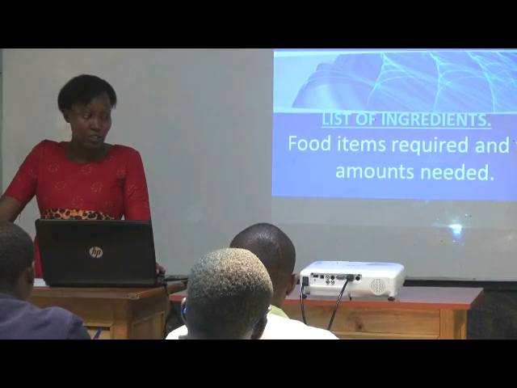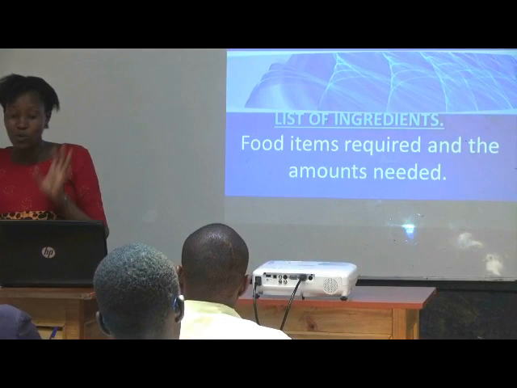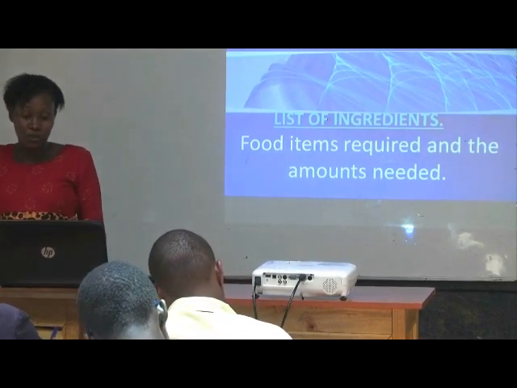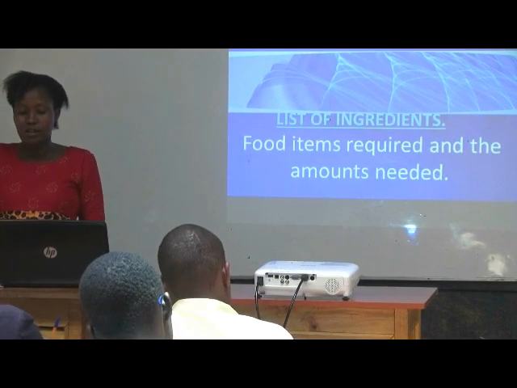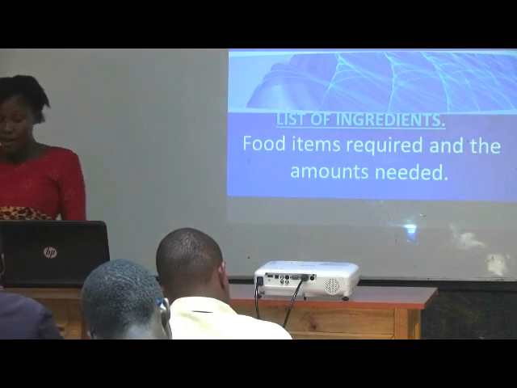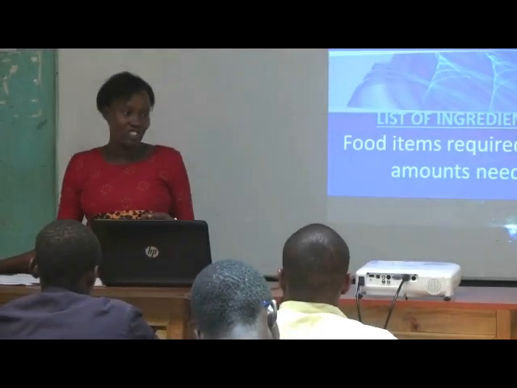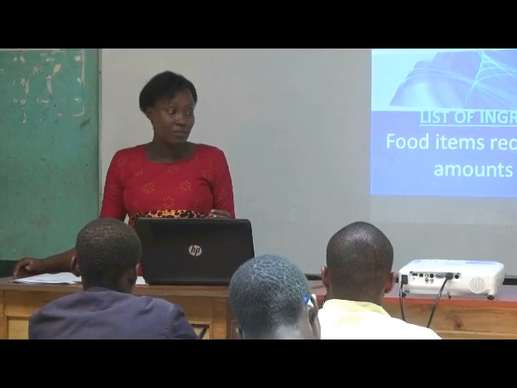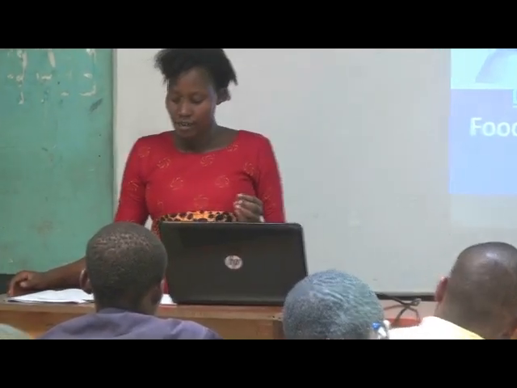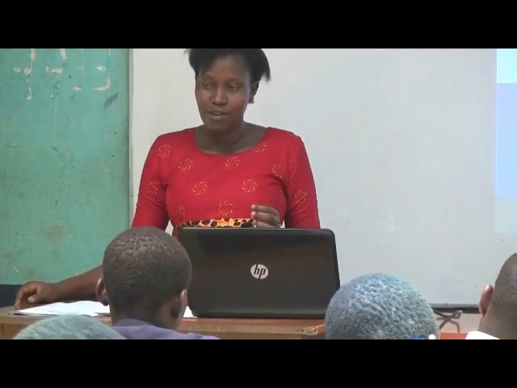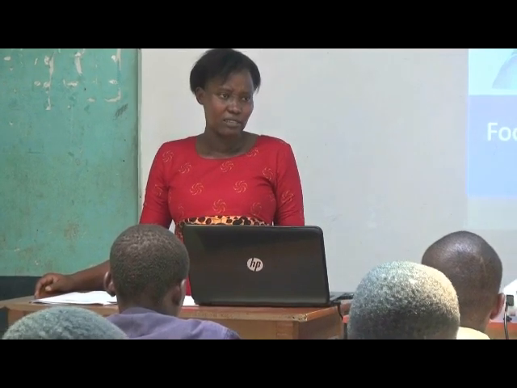After the introduction, you have a list of ingredients. These are the food items that you require and the amounts or the quantity of the food items that you need. You're going to make a meal, a dish. You need food items. If it is fried chicken recipe, what could be the ingredient that you need?